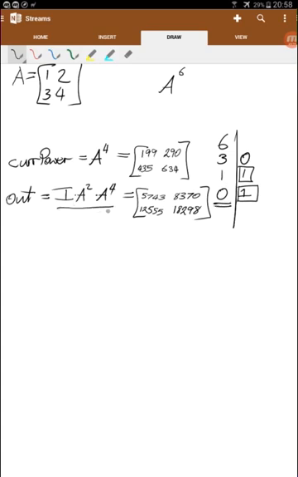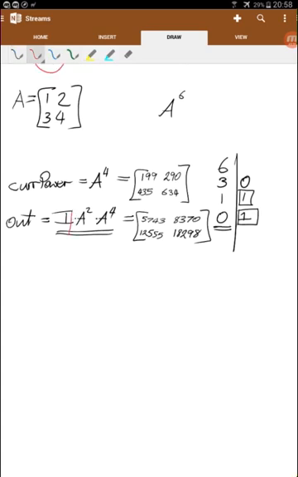At the same time, if we look over here at our output, we see that it consists of an a squared multiplied by an a to the 4, which definitely gets us to 6, just as we'd expect. So we had 2 matrix multiplications as part of our exact output, and then we had a times a, which got us a squared. We then had a squared times a squared, which got us a to the 4.